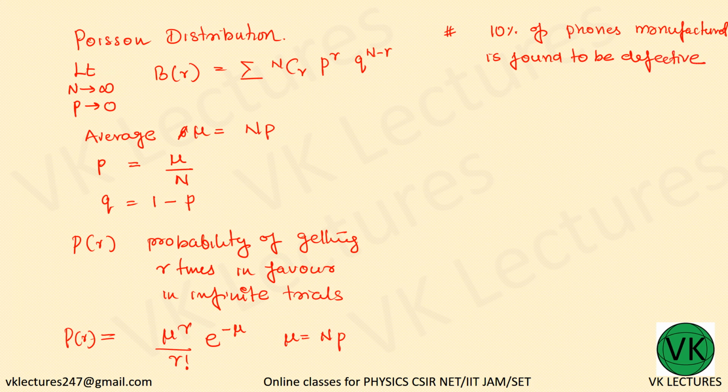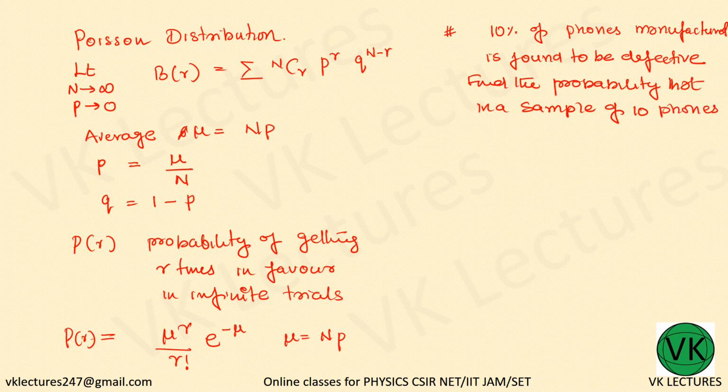Find the probability that in a sample of 10 phones chosen at random, exactly 2 phones are defective.